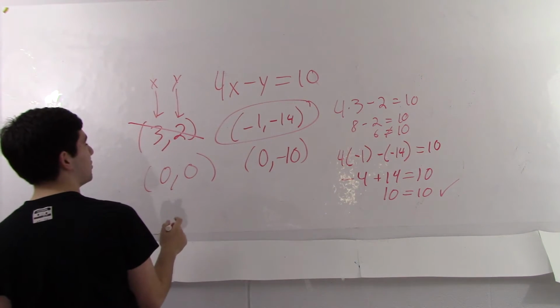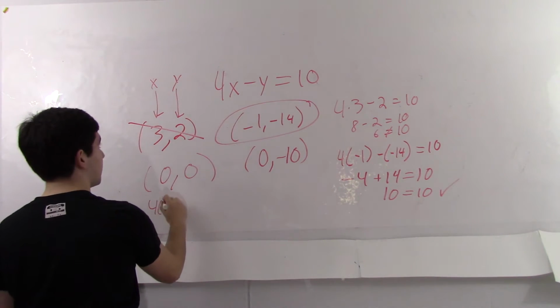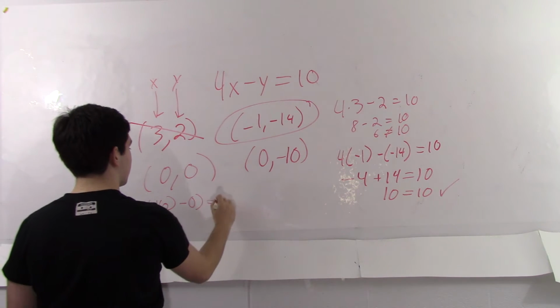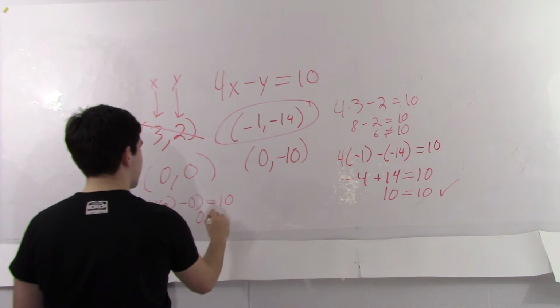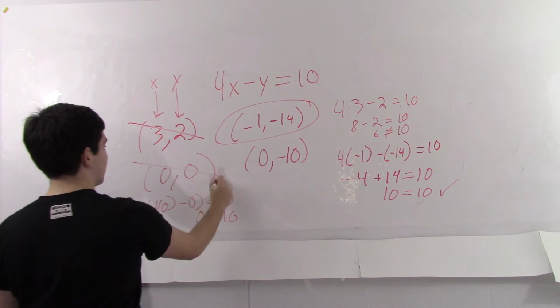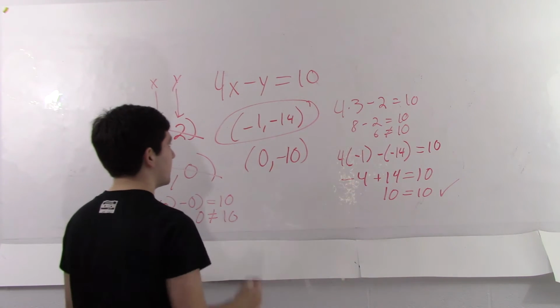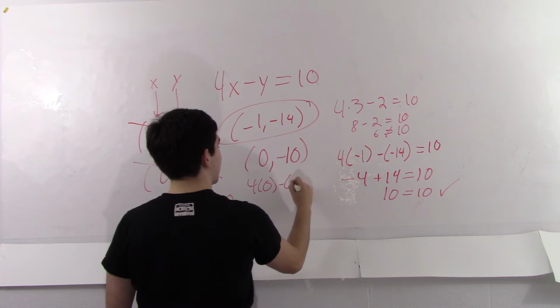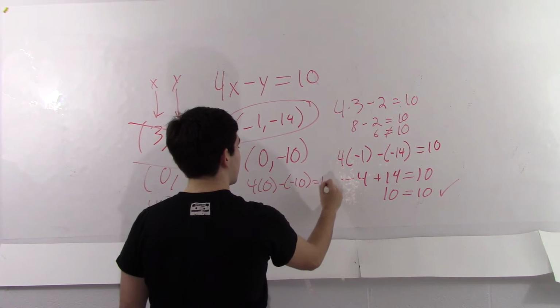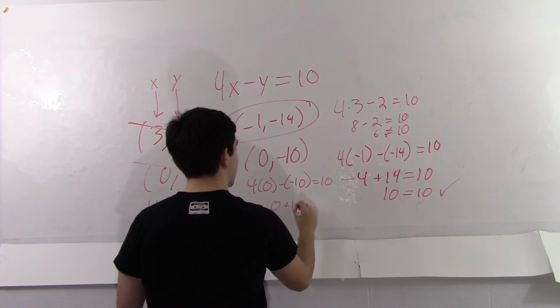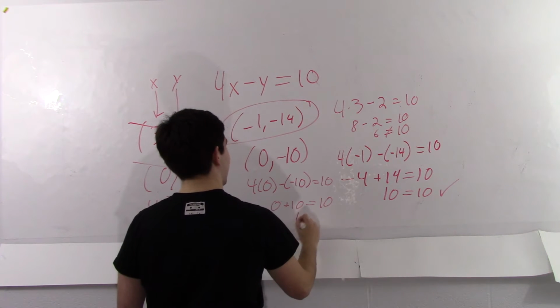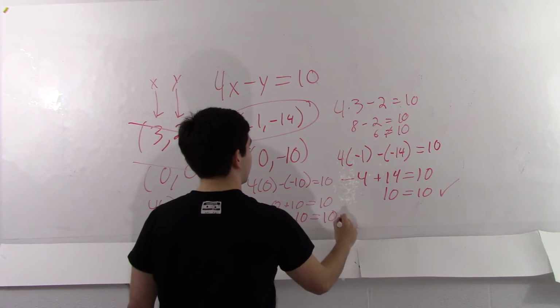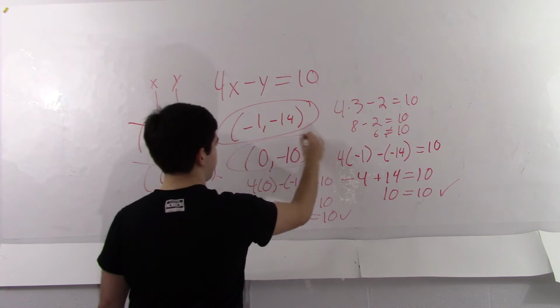In this case, 0 and 0, 4 times 0 minus 0 equals 10. 0 does not equal 10. Therefore, it is not an ordered pair that is true. Here, 4 times 0 minus negative 10 equals 10. 0 plus 10 equals 10. 10 equals 10. This is an ordered pair that is true.